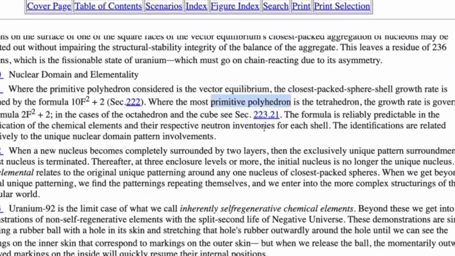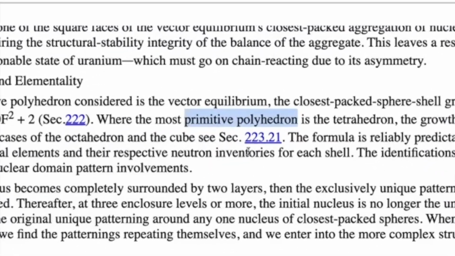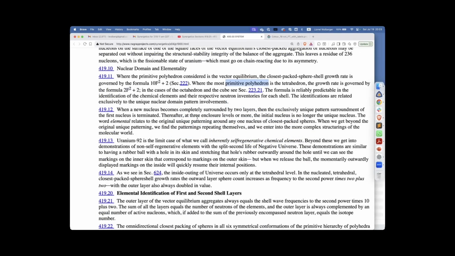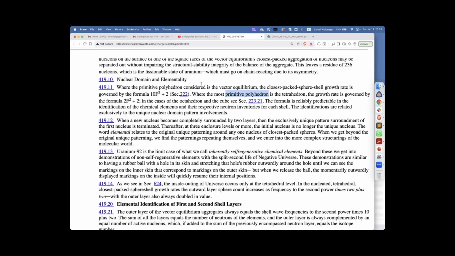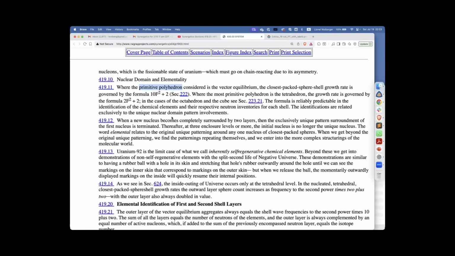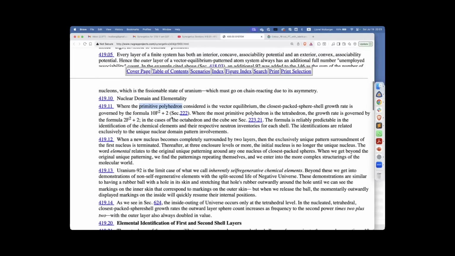It struck me as odd that he chose that word. But I'd comment that the root word is prime, also to do with a mathematical understanding that it's a geometric equivalent of a prime number.